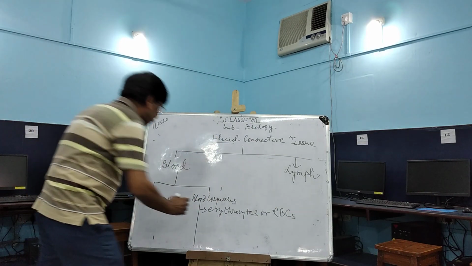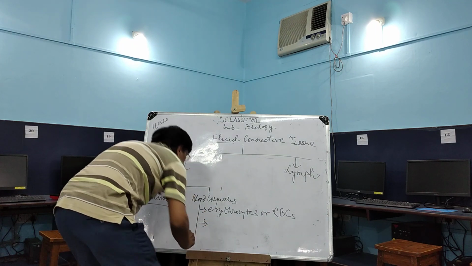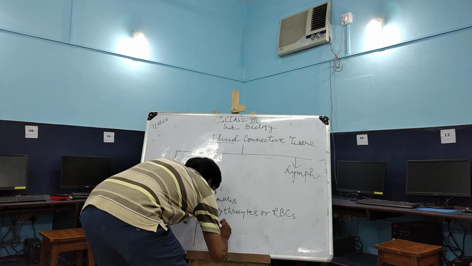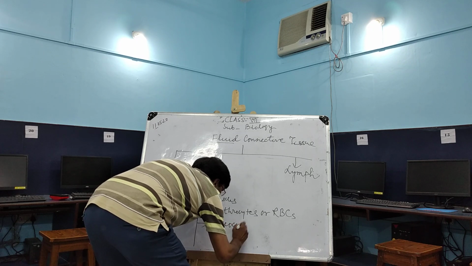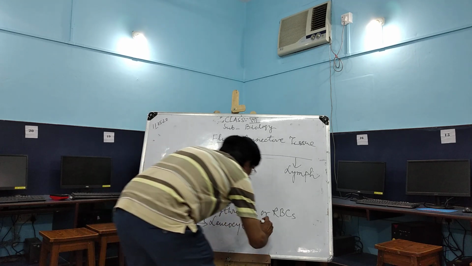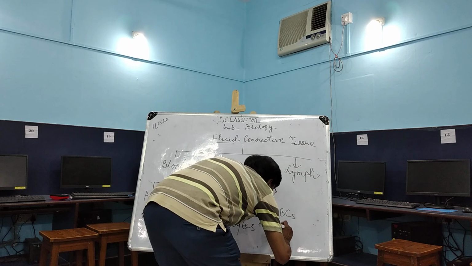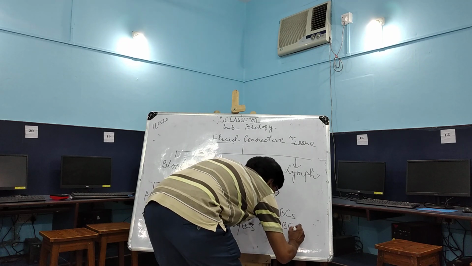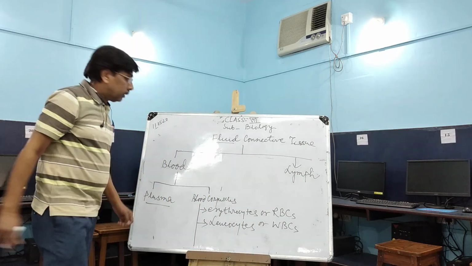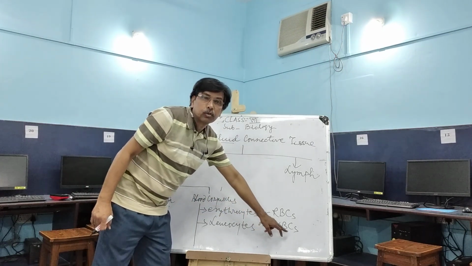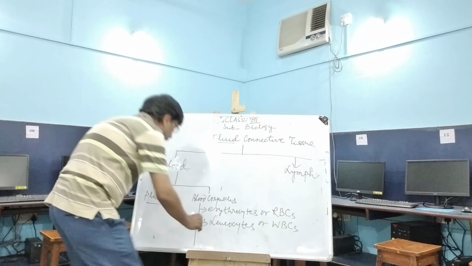The second one, lymphocytes or WBCs, that is white blood cells, the full form.